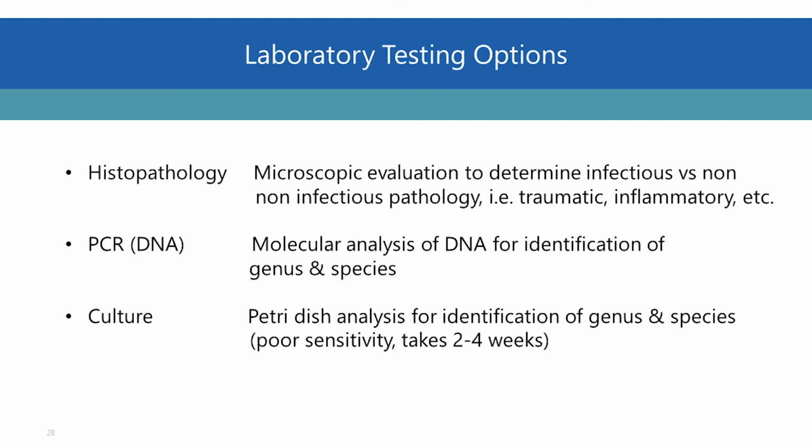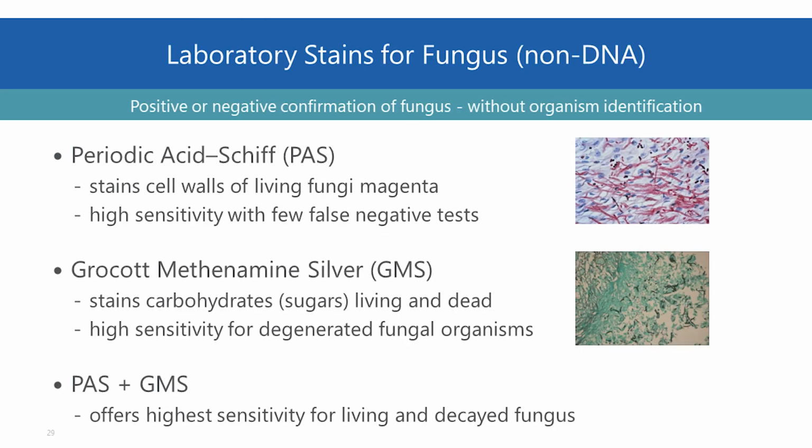So first off, we have our laboratory stains for fungus. Okay, this is your PAS, GMS, and your FM staining. All right, this is your positive or negative confirmation of fungus without organism identification. We'll call these the non-DNA testing techniques. We have the PAS stain, which stains the cell wall of a living fungi. You have the GMS stain, which stains carbohydrates and sugars of living and or dead fungal organisms.